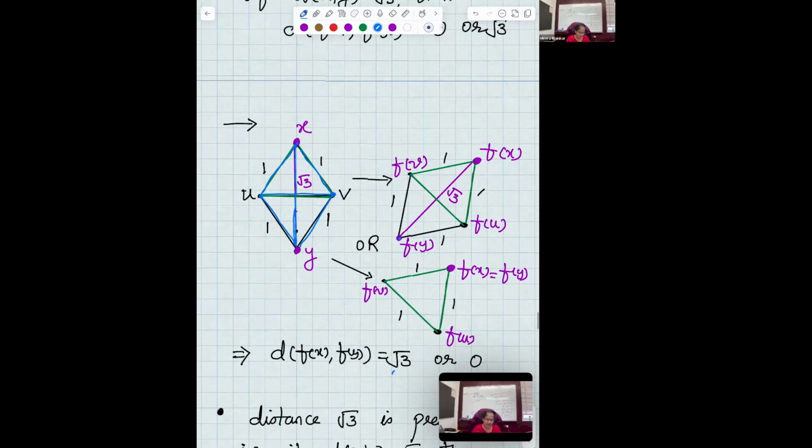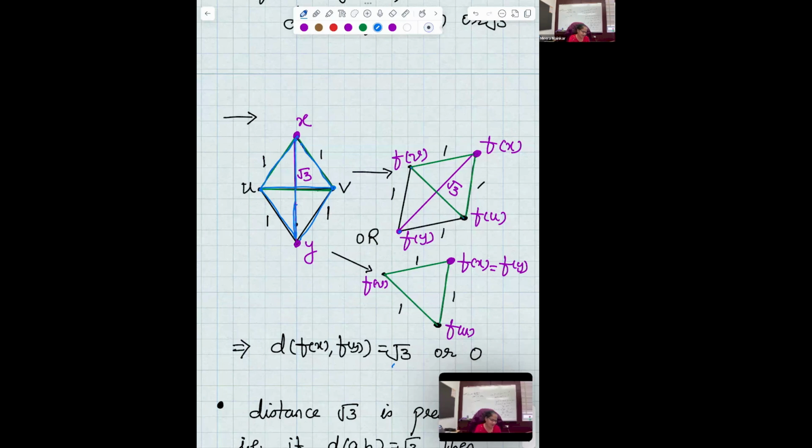So I have here this rhombus, right? You have here x, and then p, u, v, and y. And notice that the distance between point x and point y is square root of 3. So I have two equilateral triangles sitting on each other. I know that vertices of an equilateral triangle are mapped to the vertices of a congruent equilateral triangle.